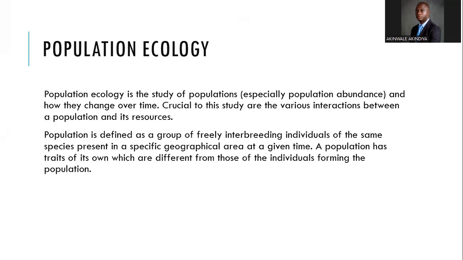So let's talk about population ecology. Population ecology is the study of populations, especially population abundance, and how they change over time. Crucial to this study are the various interactions between the population and its resources.